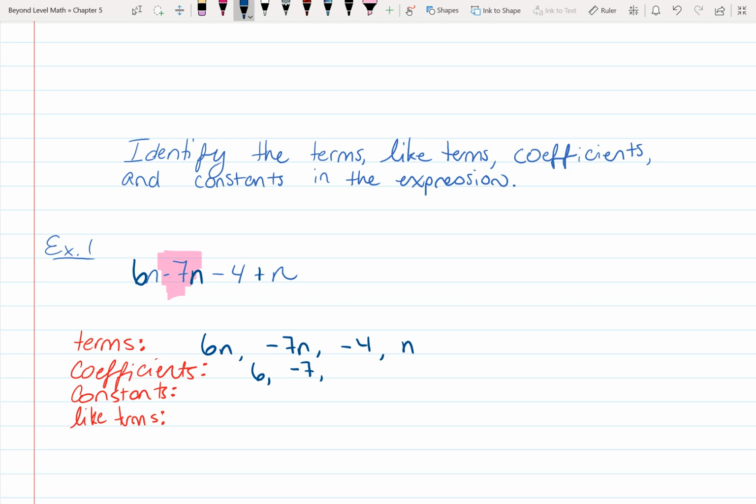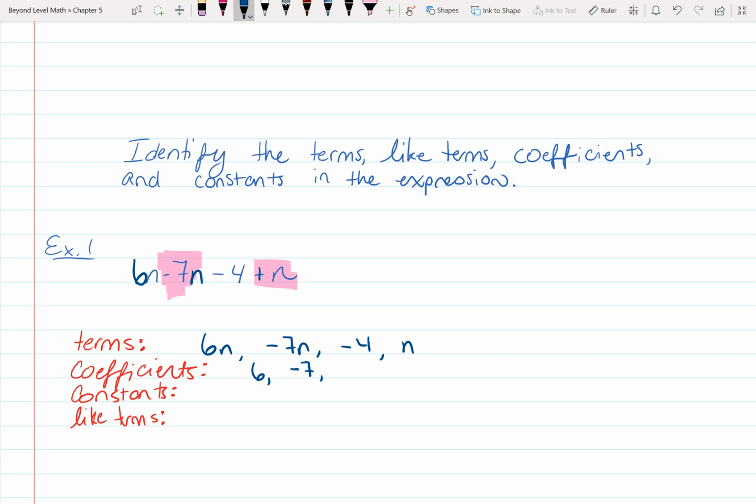Now, the coefficient that is attached to this last variable, positive n, some would forget and say that there are no coefficients there. However, automatically, how many n's is that if it just says n? There's 1, right? There's always an invisible coefficient if it's just a variable. The invisible coefficient is 1.